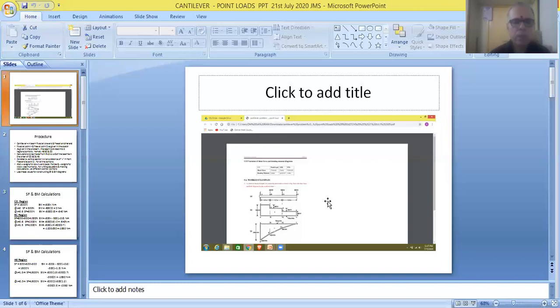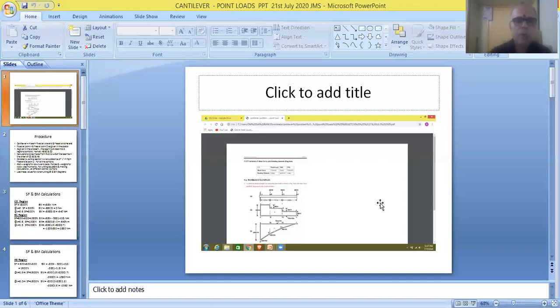Friends, that's why it is called a cantilever. That's how it is defined actually. Therefore, it is defined as a beam which is fixed at one point and free at another point, and that is referred to as a cantilever.